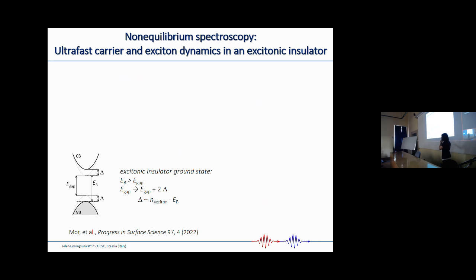As a result, a band gap opens by an amount, let's call it twice delta, where delta is typically taken as an order parameter for this phase, and it depends on the density of these ground state excitons times their coupling strength. By coupling strength I refer to the weakly screened Coulomb interaction between the electron and the hole in binding an electron-hole pair.